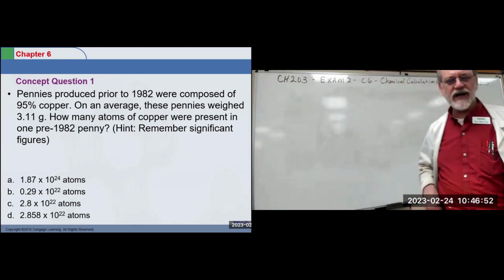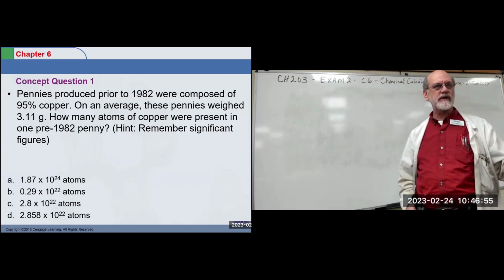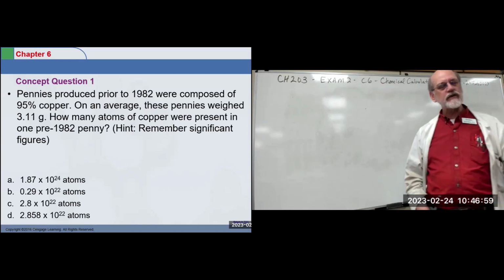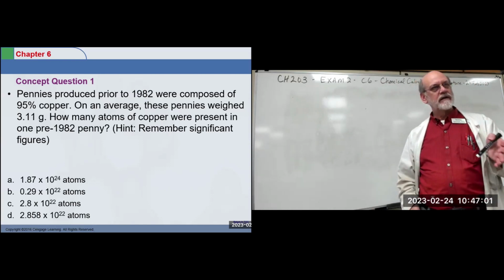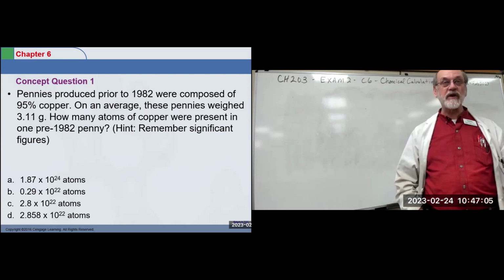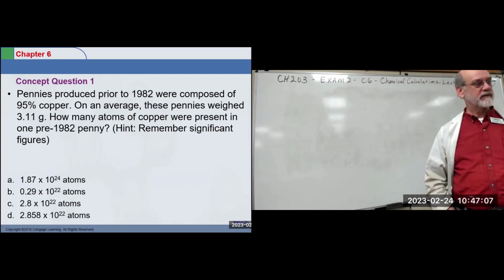Pennies produced prior to 1982 were composed of 95% copper. That's true. Anything from 1982 on, the currency was debased. That's the proper term for it. It was made cheaper.